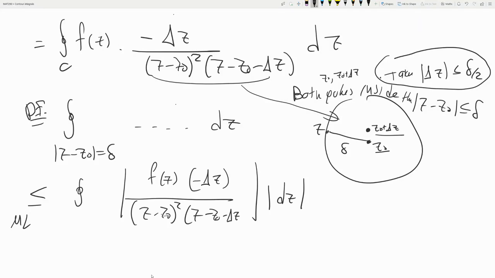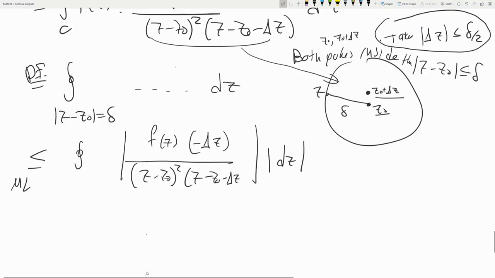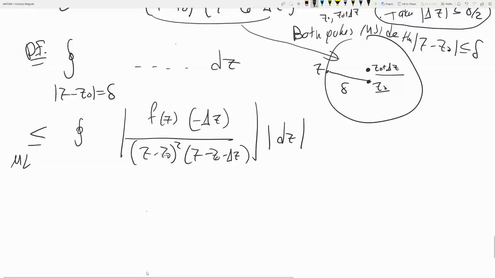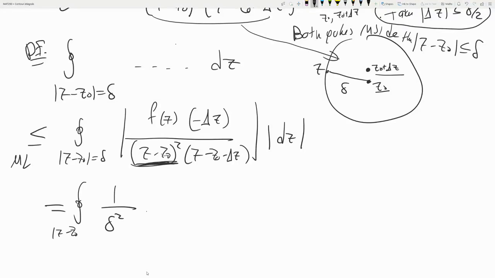We already know what this guy is. This is just delta squared, right? f of z is continuous.